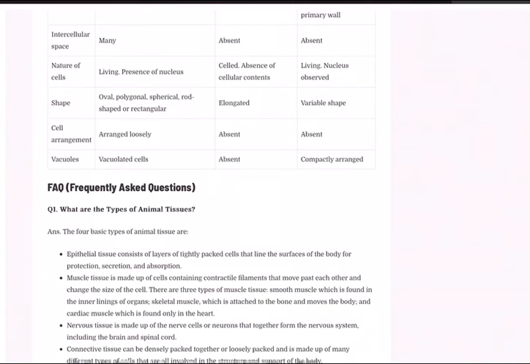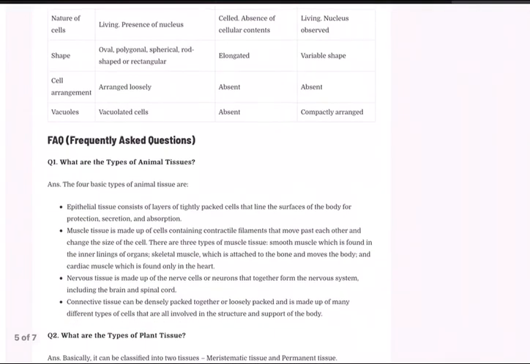Living nucleus is observed. Shape: oval, polygonal, spherical, rod-shaped or rectangular. Here elongated, variable shape. Cell arrangement: they are arranged loosely in parenchyma. In collenchyma and sclerenchyma, intercellular gaps will not be there. They are tightly packed. Vacuoles will be present, absent and absent, compactly arranged.